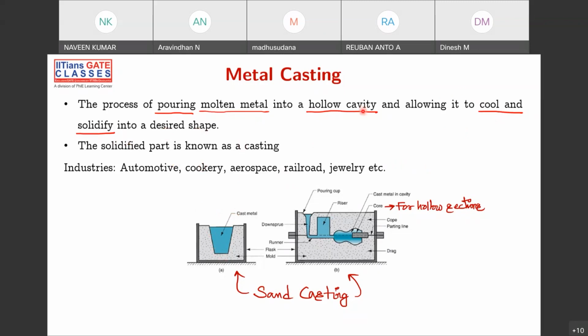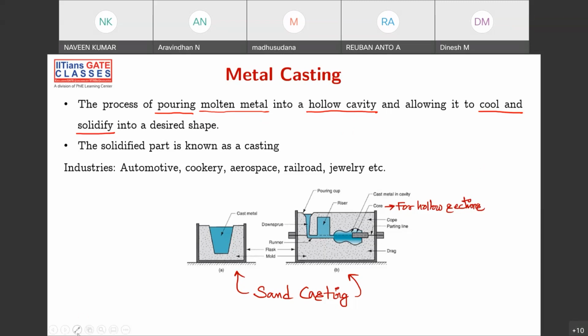If the hollow cavity is in L shape, then the desired shape is in L shape. Whatever desired shape you have, you make the hollow cavity that shape. Then at the end, after solidifying, you will get the thing. Like ice cubes. If you have opened your fridge, you just pour some water into your ice trays, which are this kind of trays.